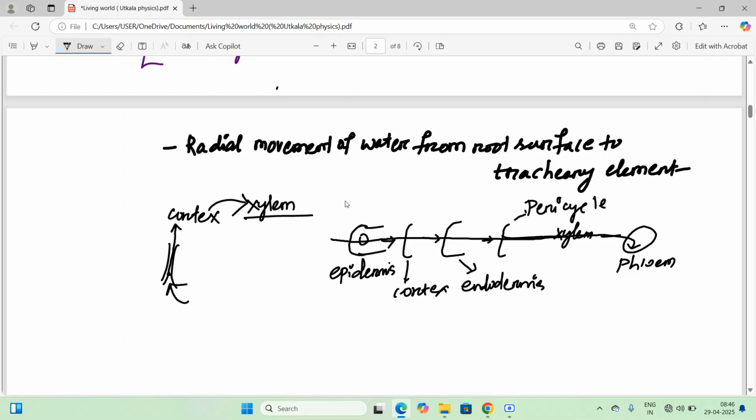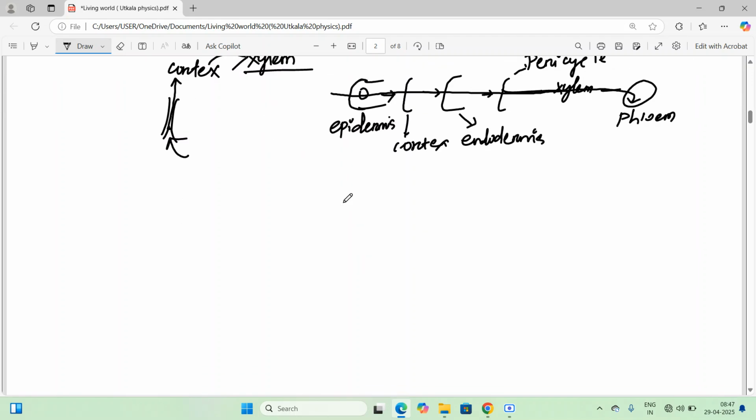The path through which water moves into the xylem cells of roots occurs through both the apoplast and symplastic pathway. We have discussed this. So this movement from epidermis to the phloem will pass through two pathways.